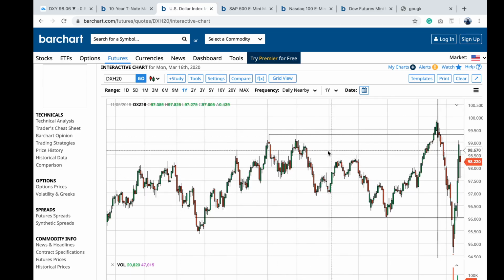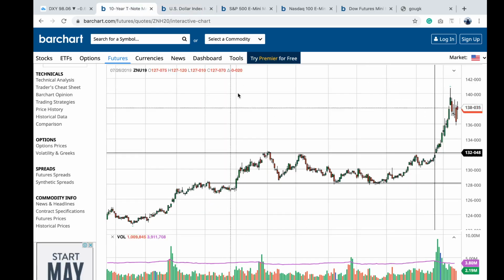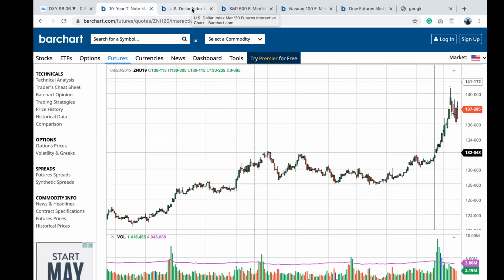Sorry, it is showing a 1 year range of the dollar, so everything you're seeing from the left of the screen to the right is in a 1 year range. And we're going to try to compare what the 10-year Treasury note was doing to the DXY.